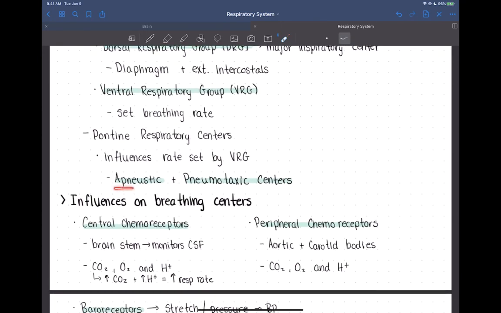It's the apneustic center and the pneumotaxic center. The apneustic center can act on the VRG to alter the rate. The pneumotaxic center can act on the apneustic center to alter its alteration of the VRG, and they're all kind of interconnected, but don't worry about all of that. Just understand that the rate can be influenced by these groups in the pons, sorry, not the VRG.